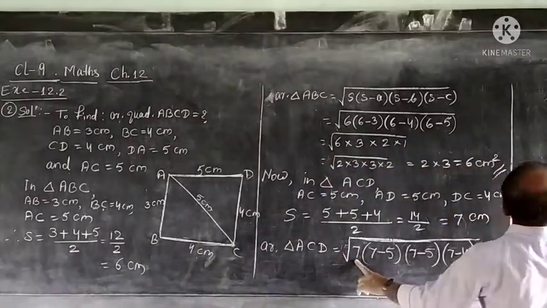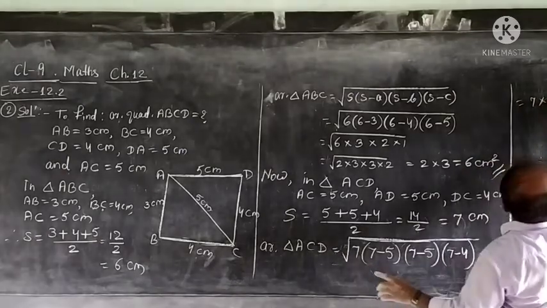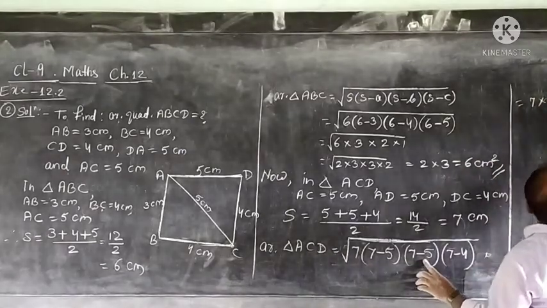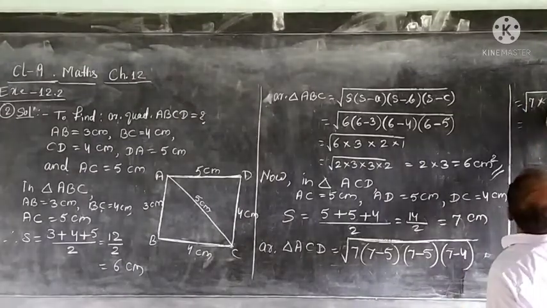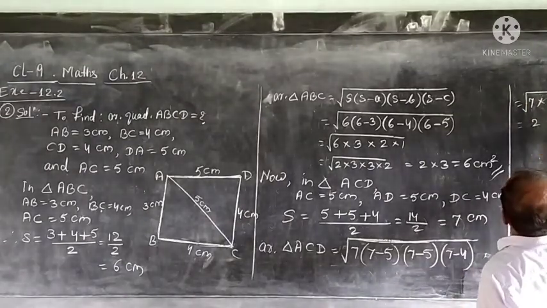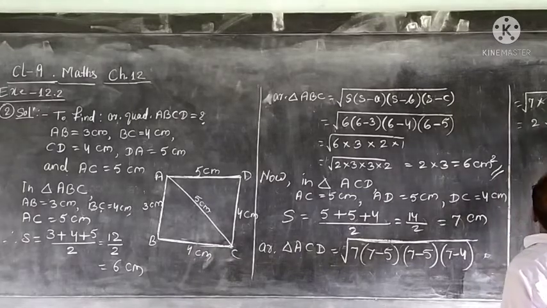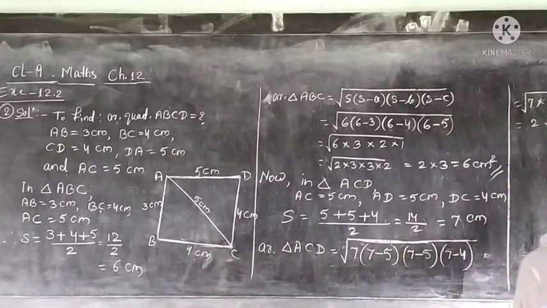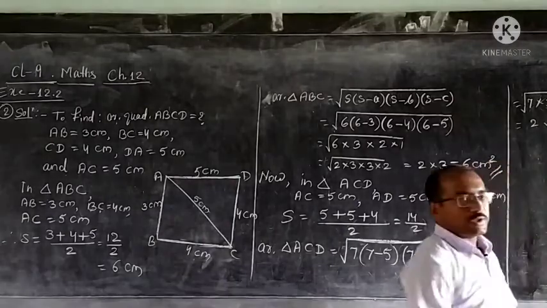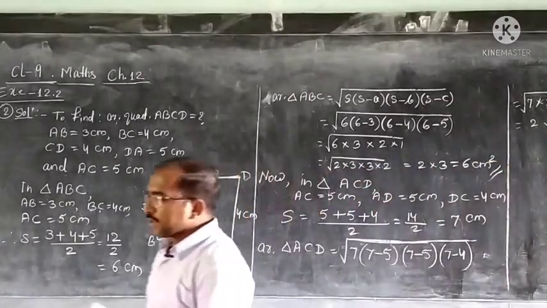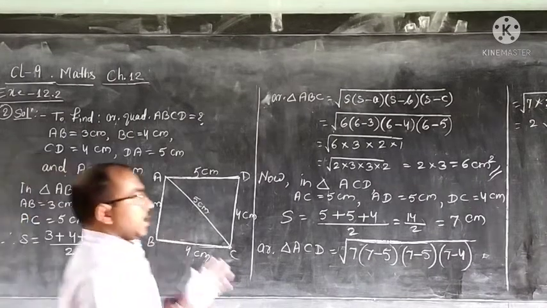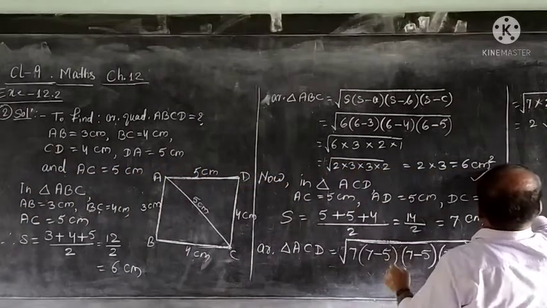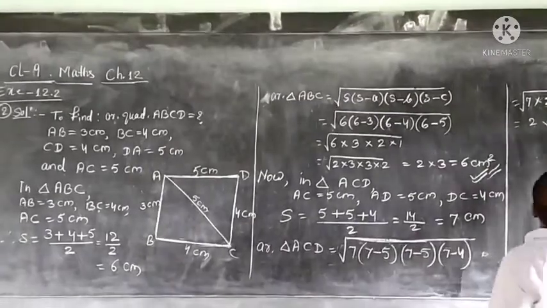We get 7, 7 minus 5 is 2, again 7 minus 5 is 2, 7 minus 4 is 3. So, 2 2 2 comes out, 7 3s are 21 remains. So, centimeter square. Now, what will we do? The question asks to find the area of the quadrilateral. So, we will add both areas.